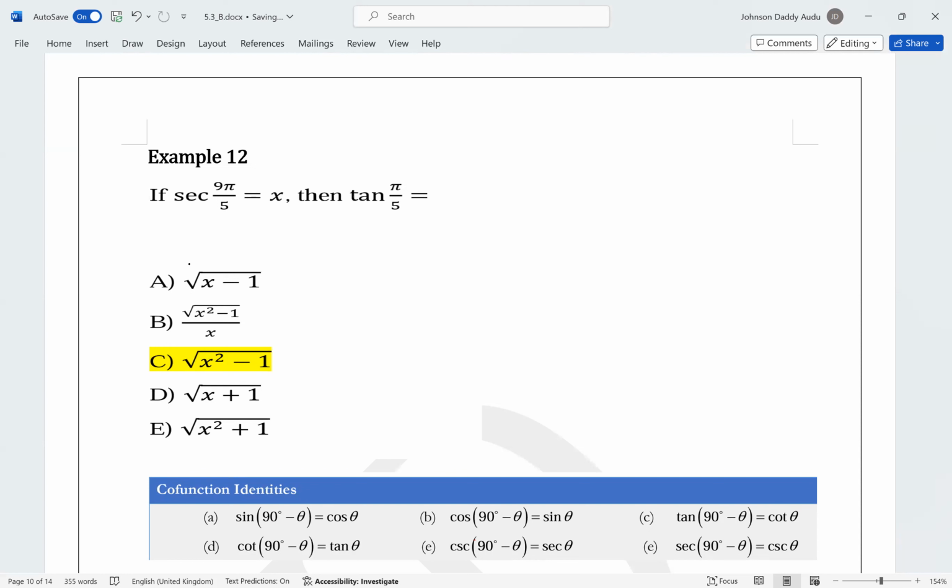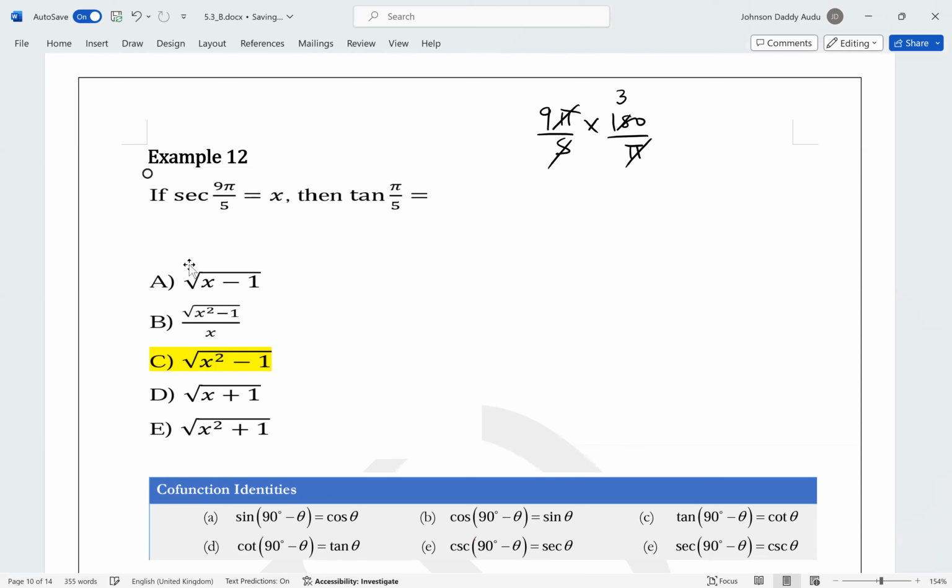So here, 9 pi over 5, right? You can convert it to degrees: divide by pi, and 5 here is 36.